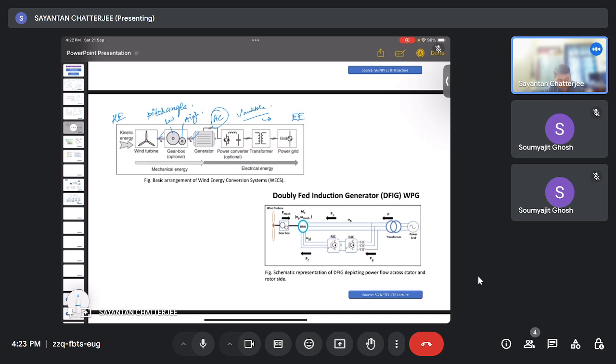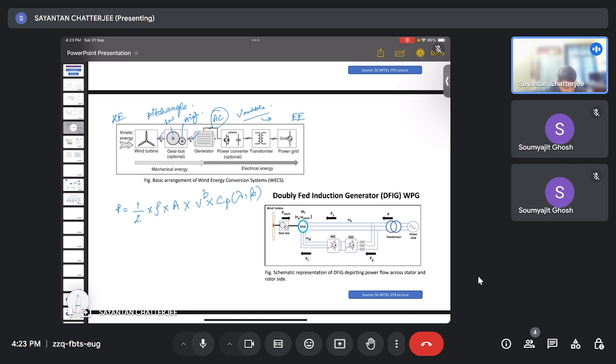Mostly what we can see is the wind power that we get is somewhere at rho A V cubed and Cp, which is a function of theta.